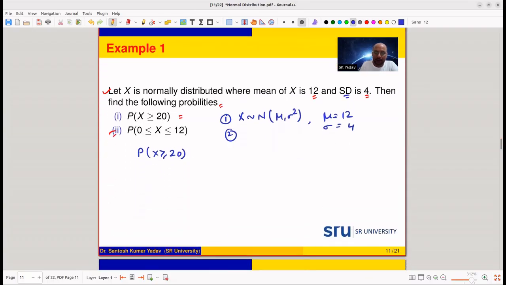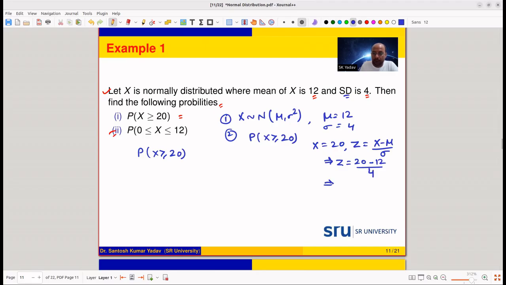So you have to find p of x greater than or equal to 20. Now the third step will be to convert this x into z. When x is equal to 20, what is z? Z will be x minus mu upon sigma. So z will be 20 minus mu, which is 12, divided by 4.